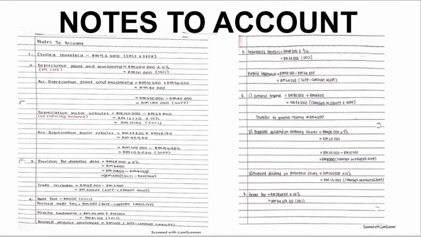Accumulated depreciation is now going to be 30,000 plus 10,000, equal to 40,000.